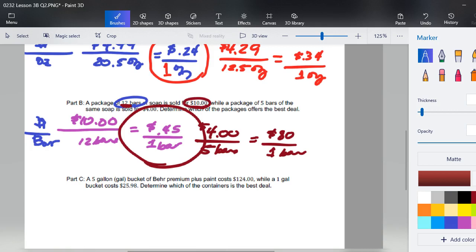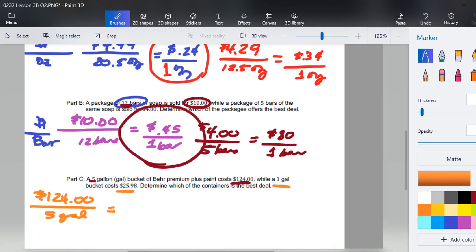We'll finish up this lesson where we have a 5-gallon bucket of paint, and then you have another one which is a 1-gallon bucket. Again, I'm going to leave it at cost per, in this case it's gallons, and so our first one is $124 for 5 gallons.